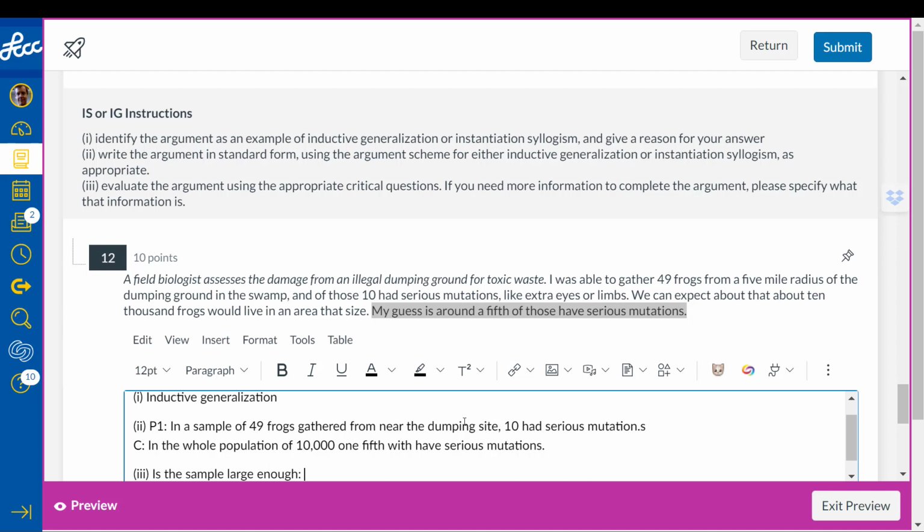And if you go back to the PowerPoint slide, you can see there's a rule of thumb slide that basically lets you know that this sample is not large enough. For 10,000 individuals, you're going to need close to, well, let's just look at that.